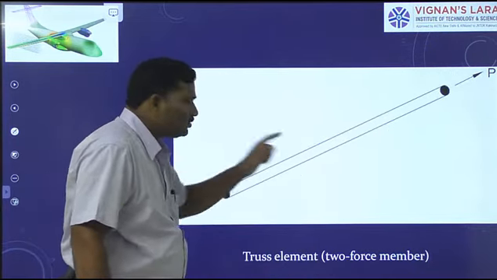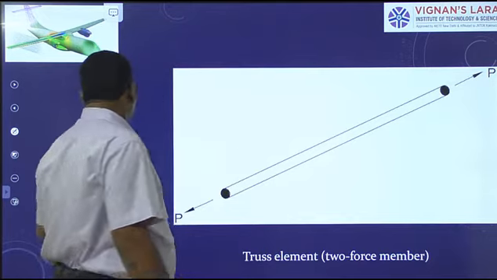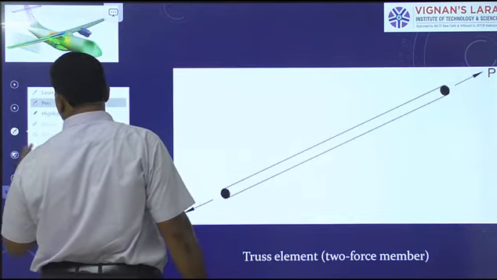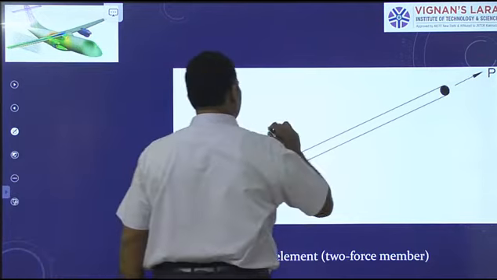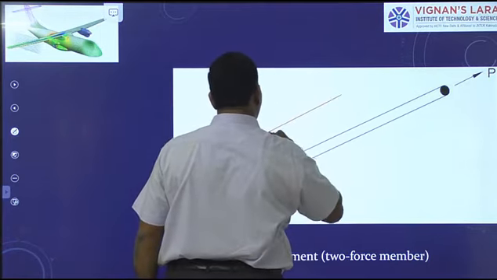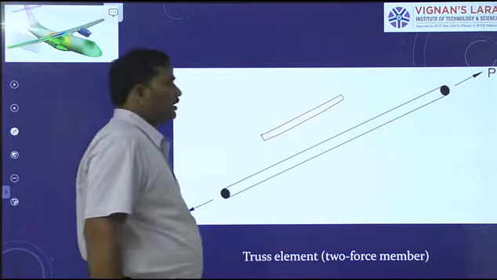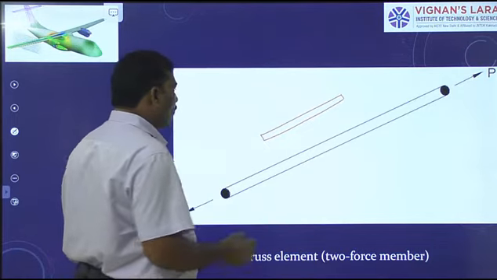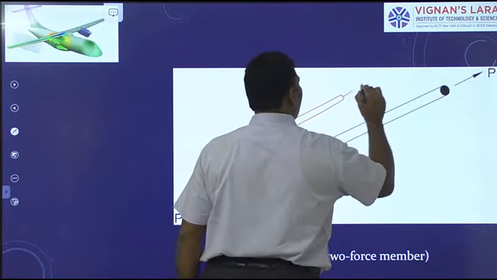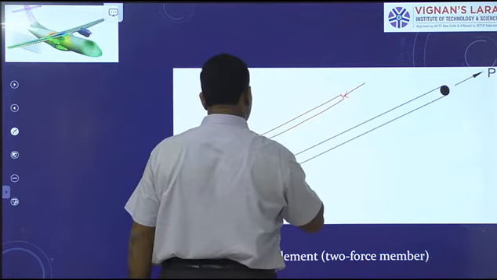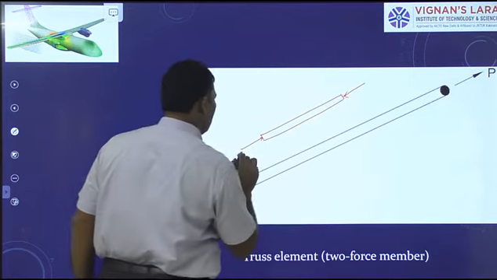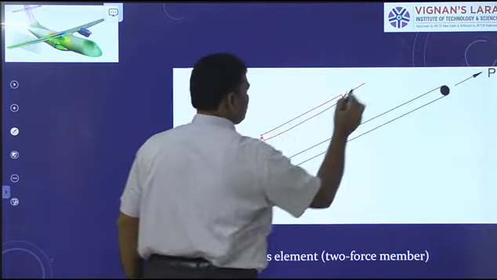Then it undergoes elongation. Or the truss member may be subjected to two equal, opposite and collinear forces as shown.